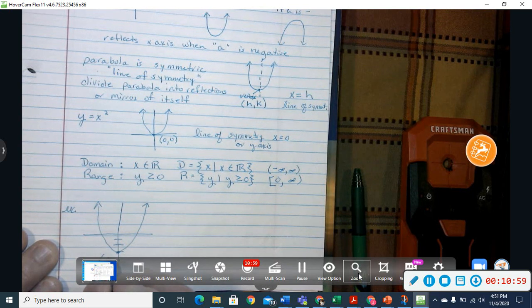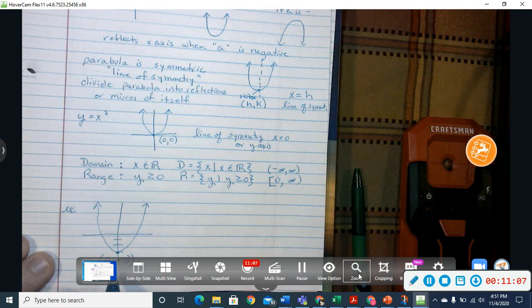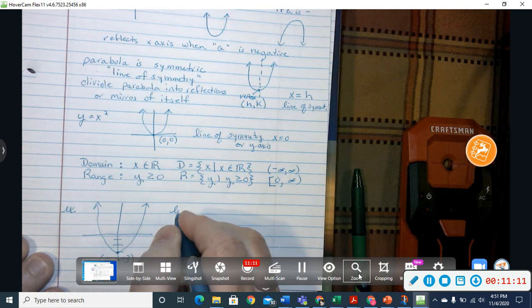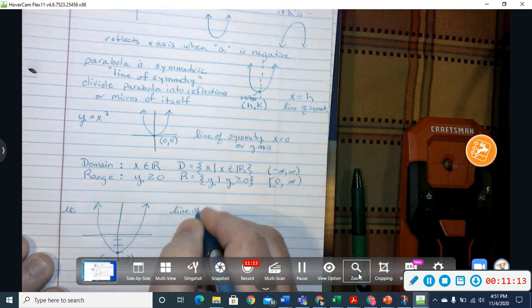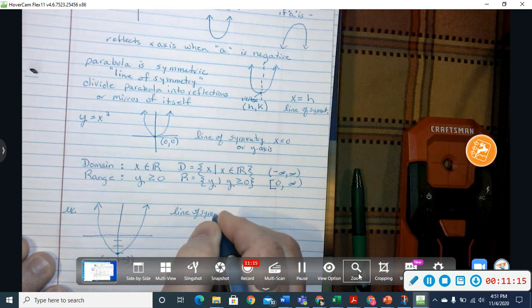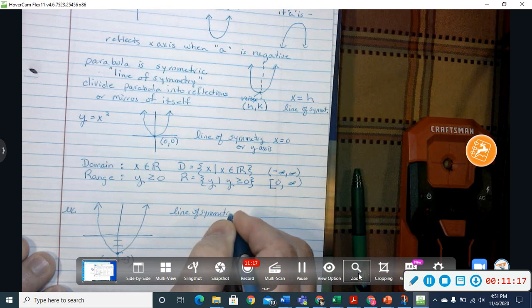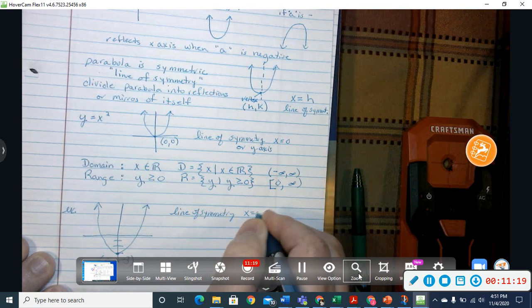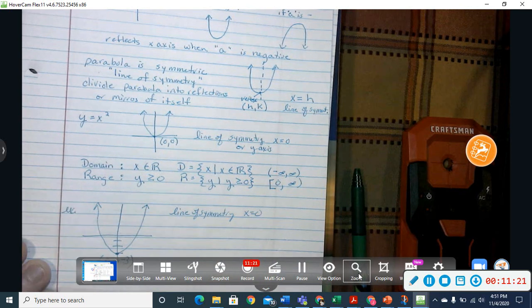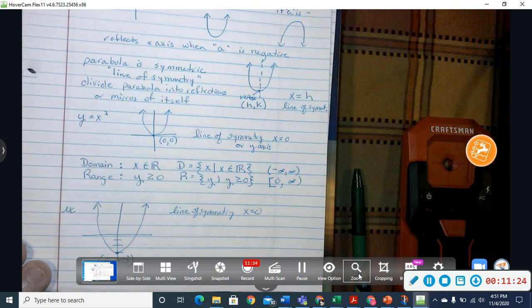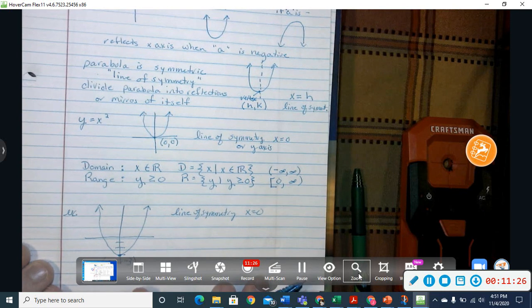It is now at (0, -3). The line of symmetry has not changed. It is still at x equals 0. So that vertical shift did not change the line of symmetry.